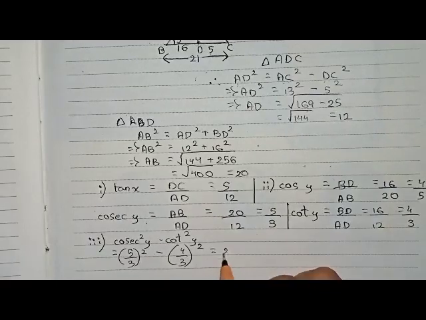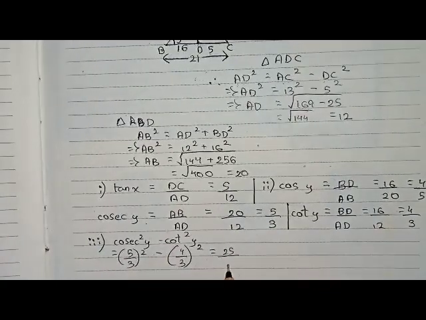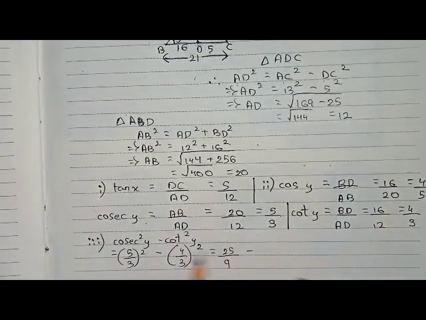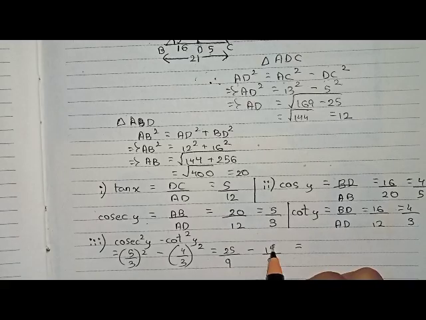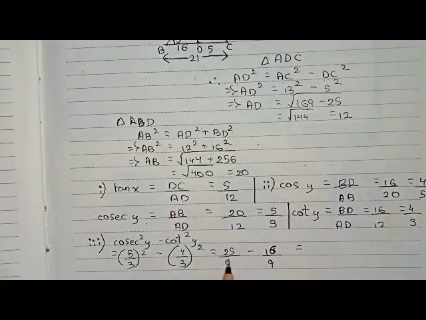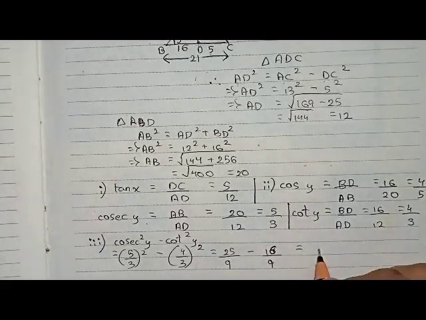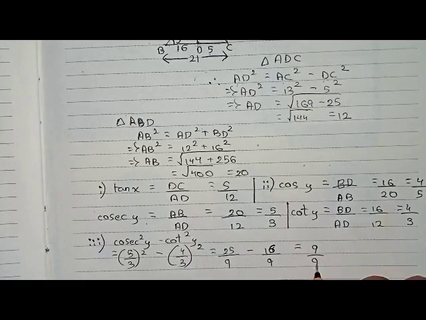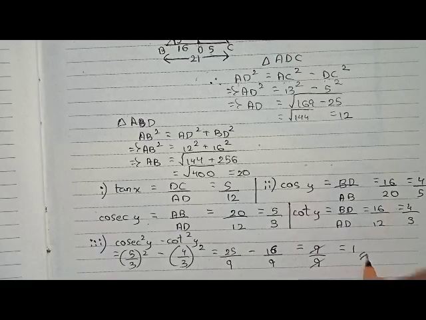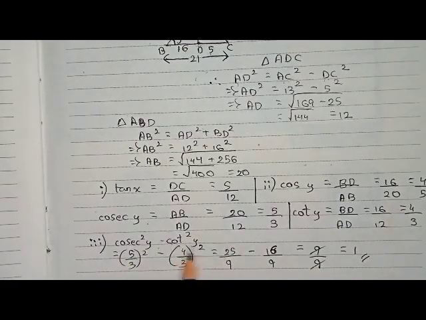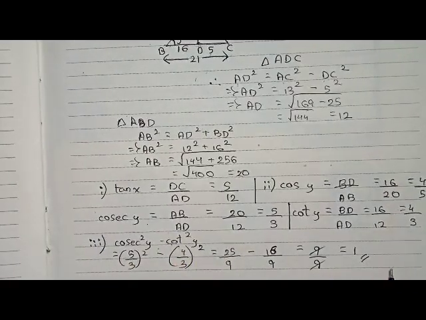So 5 to the power 2, 25, by 3 to the power 2, 9, minus 4 to the power 2, 16, by 9. So 25 minus 16, that will be equal to 9. So 9 by 9 is coming. So easily cut, it is equal to 1. So the value of cosec square y minus cot square y will be equal to 1.